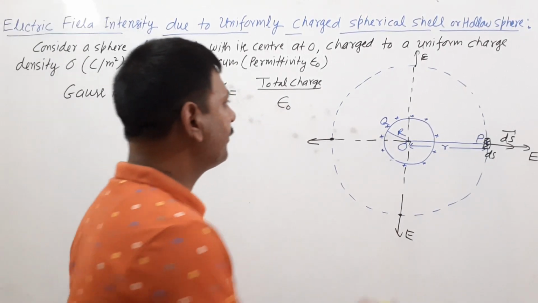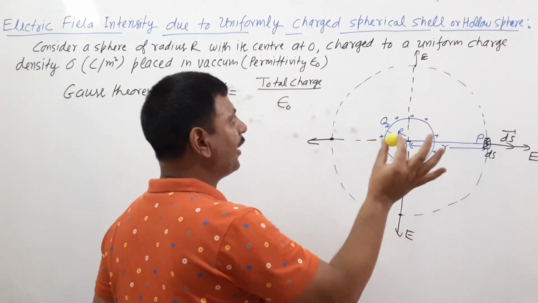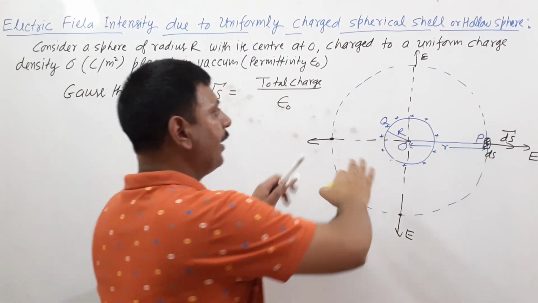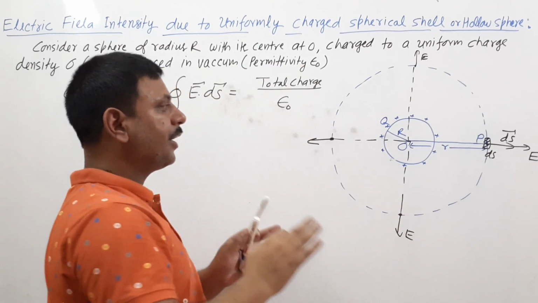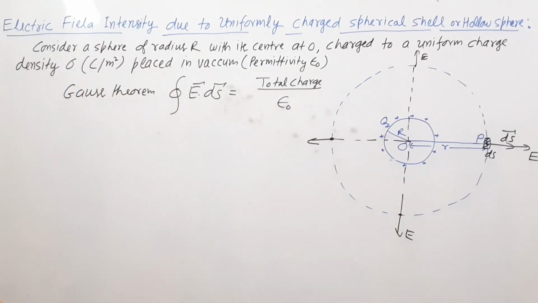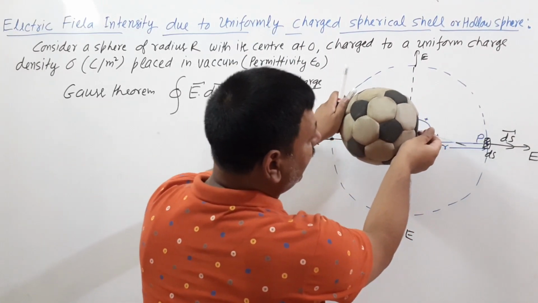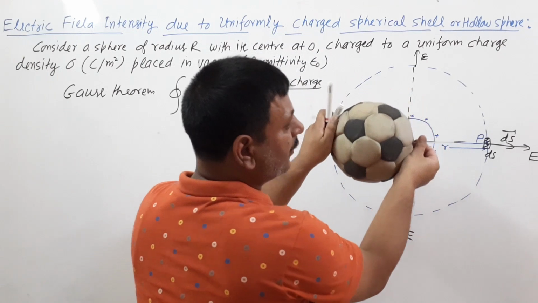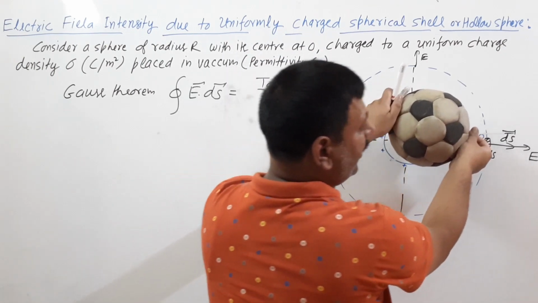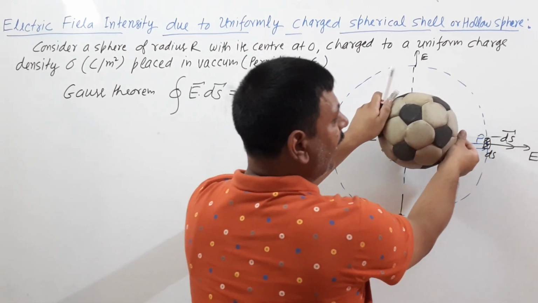Suppose this is the spherical charge and I have drawn a sphere, the Gaussian surface. So what will be the direction of the radius vector? This is the direction of the radius vector, the direction of the electric field.